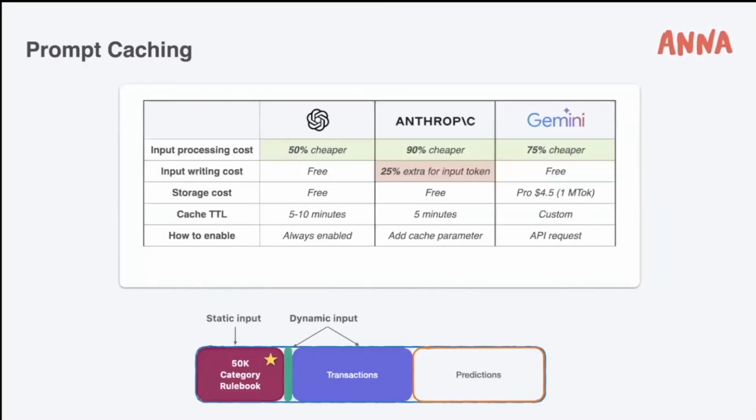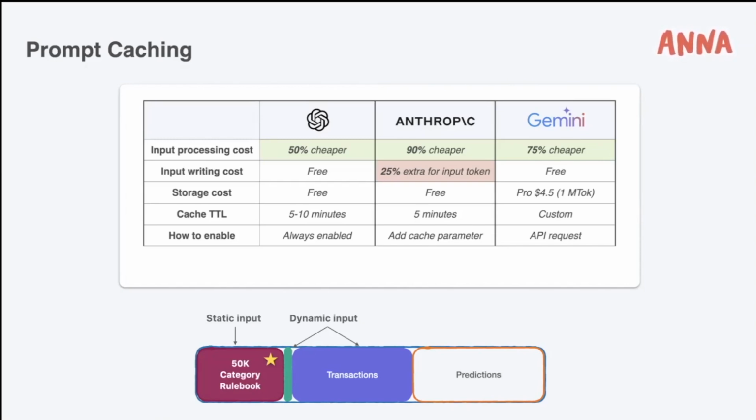Let's have a look at how different providers implement this. The price is now a bit more complicated. First of all, you need to write the cache. OpenAI and Gemini will do it for free. Anthropic will charge you 25% extra for each input token.